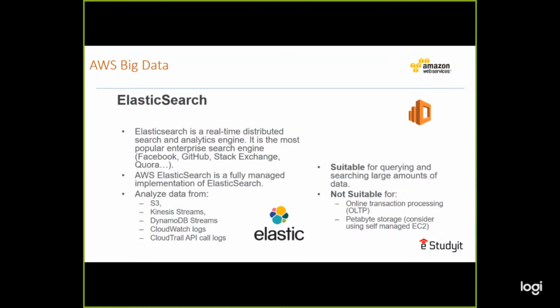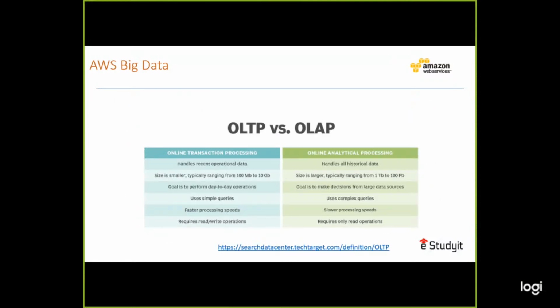We mentioned it's not suitable for OLTP, or online transaction processing. What is the difference between them? Now, there is a difference between OLTP and OLAP. The main difference is that online transaction processing is faster, handling the process speed better than OLAP on the right side.